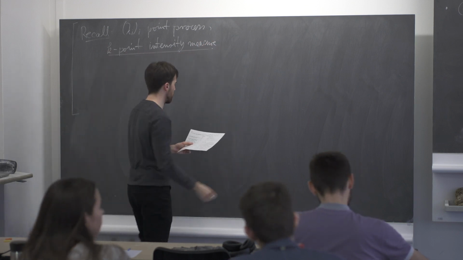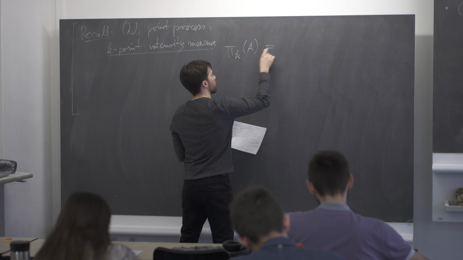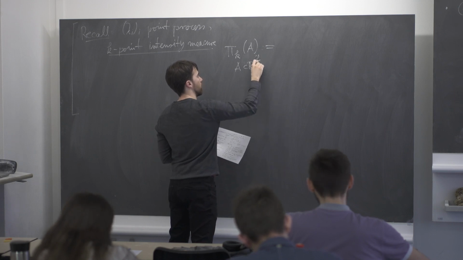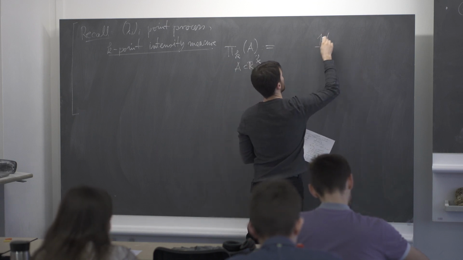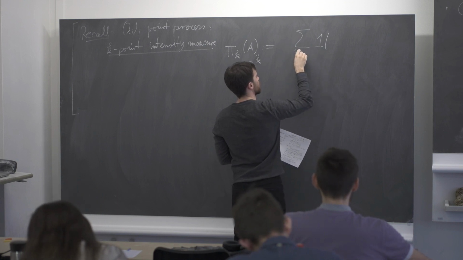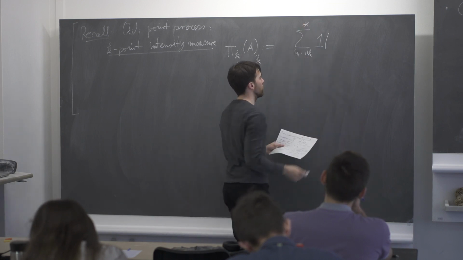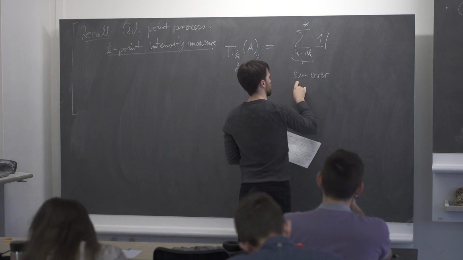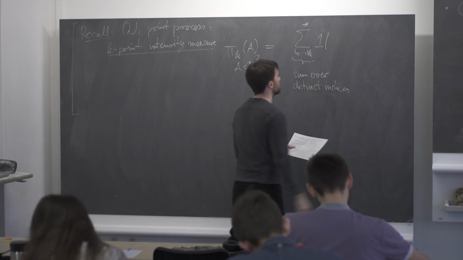That's a measure on R^k in the following way. So A is now a measurable subset of R^k. And what do I do? Well, I sum over all distinct combinations of points of my point process, so sum over distinct indices.